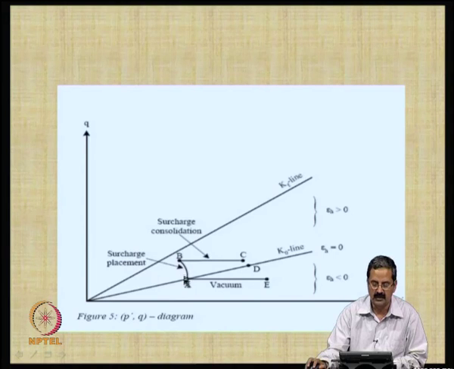In the regular surcharge consolidation, we apply a lot of stress, right, and this is what preloading is, so that it moves away from the failure line. That is fine, that is what we do.